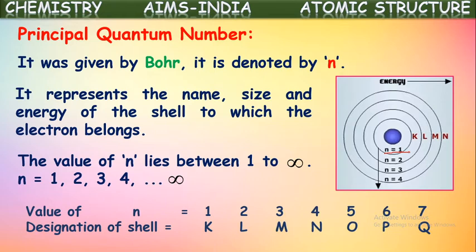If the value of n is 1, that represents the K shell. If n is 2, that is L. If it is 3, M shell. 4, N shell. In this way, the value of n represents different shells, and the designations of these shells are given as K, L, M, N and so on.